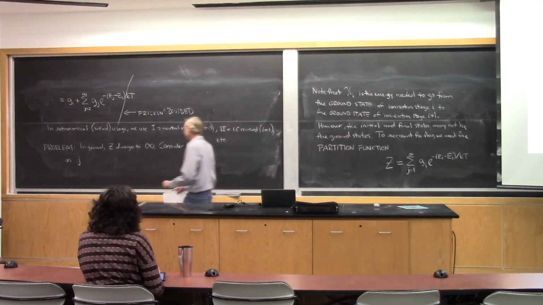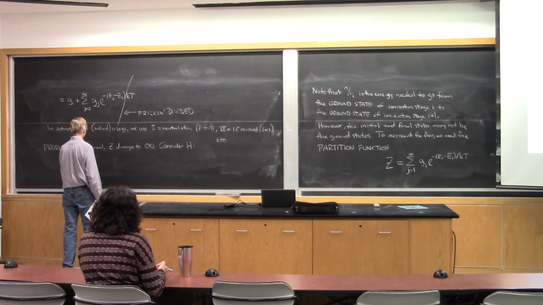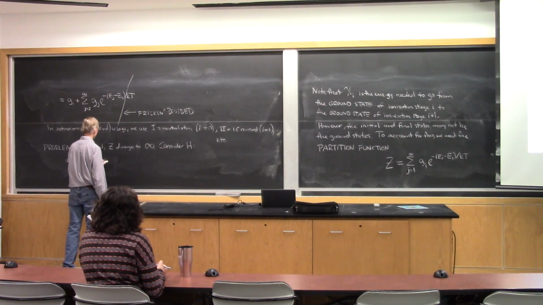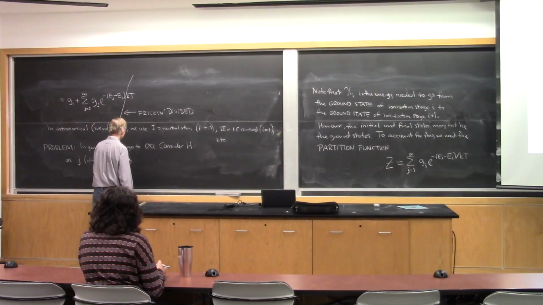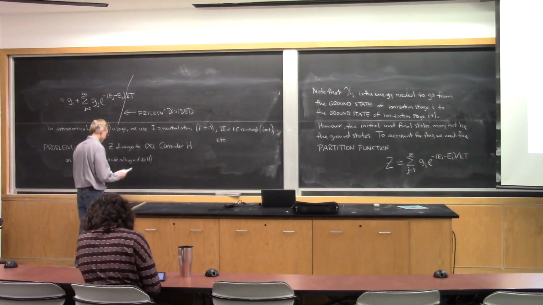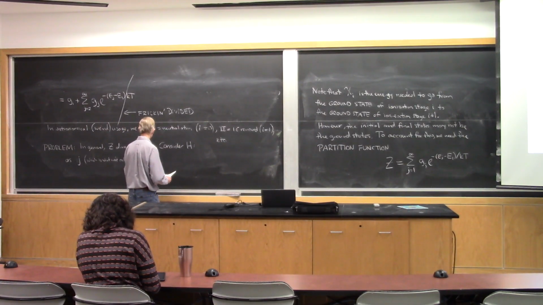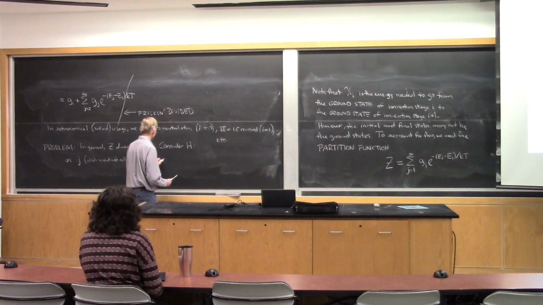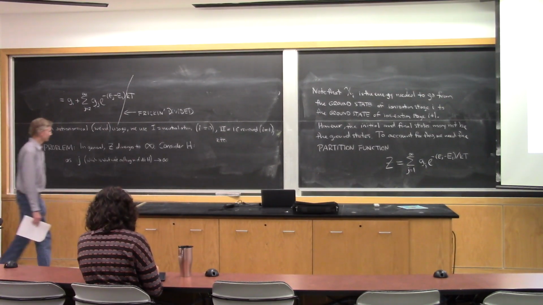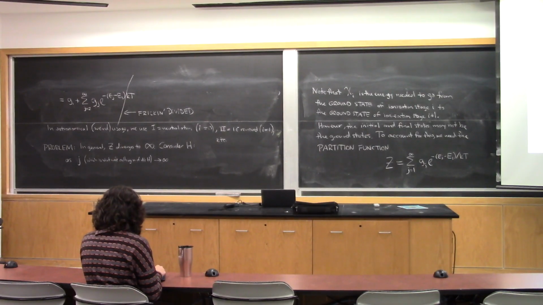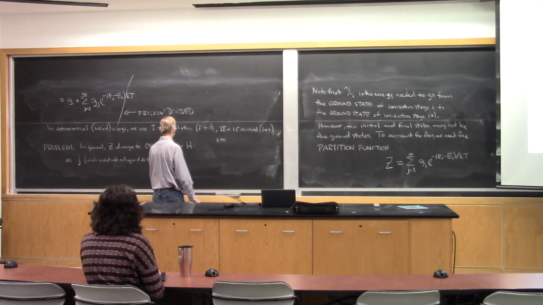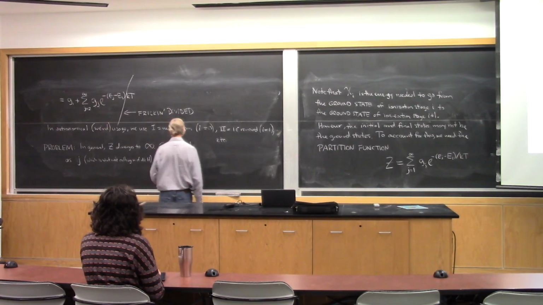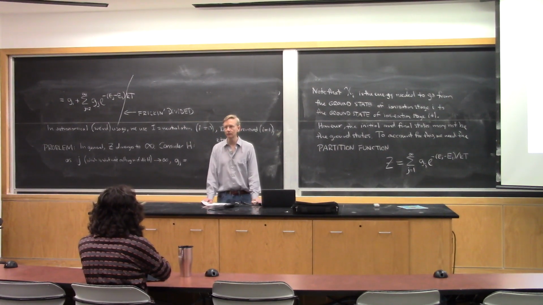If it's hydrogen, J, labeling the energy levels, is the same as the principal quantum number. So as J, which is what we're calling N, goes to infinity, G sub J, what's the degeneracy for hydrogen?